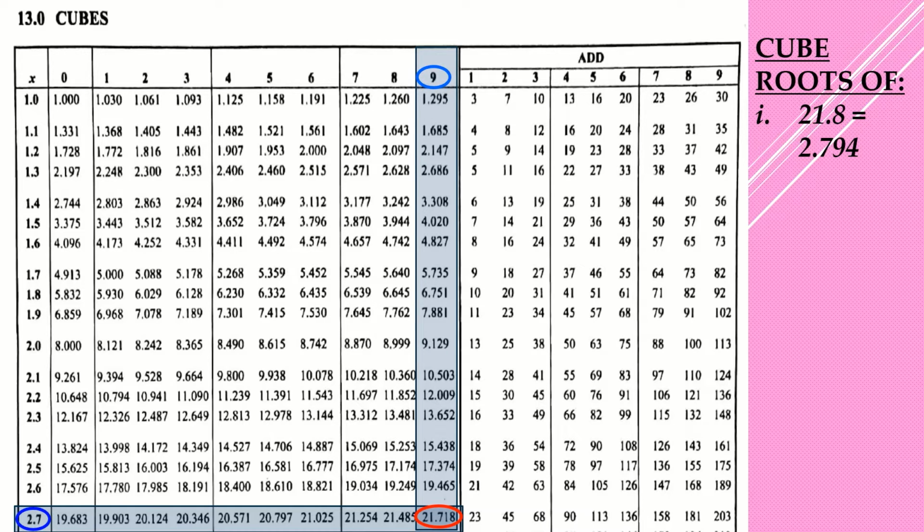But this does not satisfy the solution, because the 21.8, we did not find it in our mathematical table. So among the so many numbers or solutions that we have, the number that was closer to 21.8 was 21.718. So this was a number closer to 21.8. Therefore, we need to check on how to go about it.